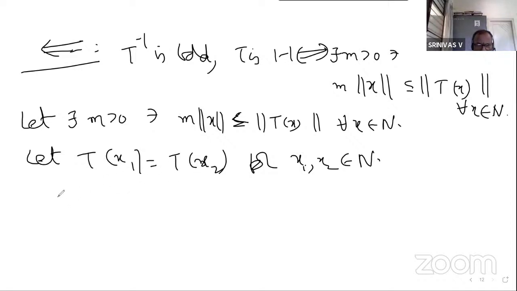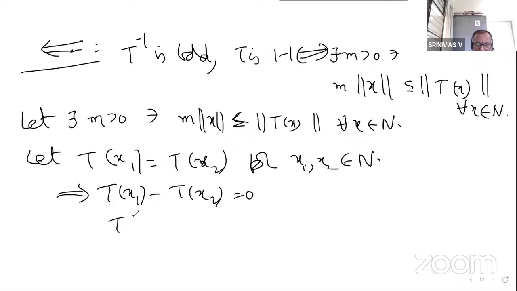What does this mean? Because our T is linear, you bring T of x2 to the other side. T of x1 minus T of x2 is 0. Because your T is linear, you can write this as T of x1 minus x2.